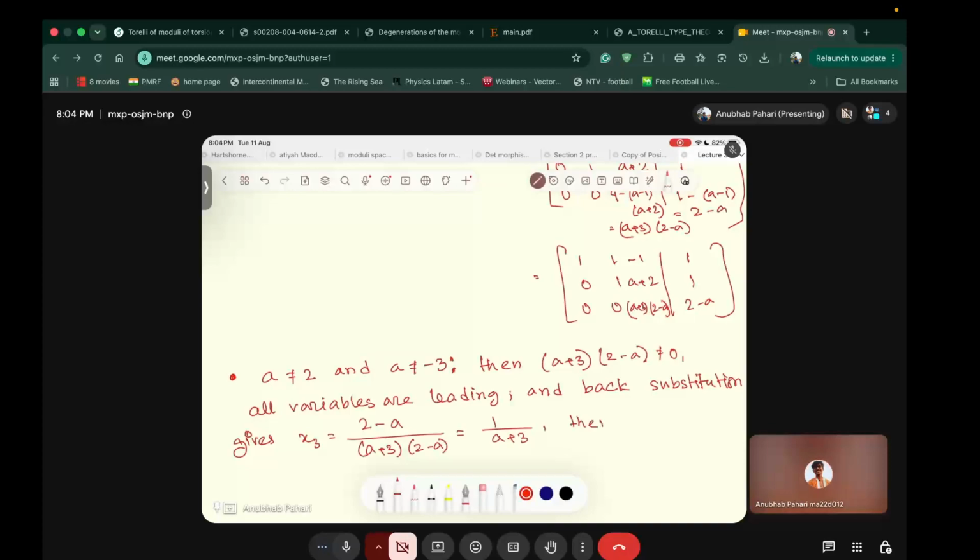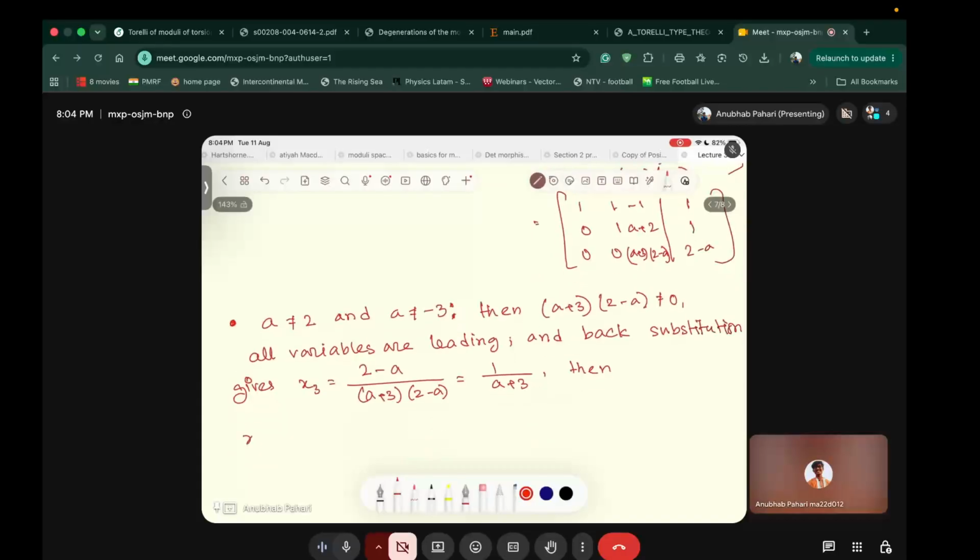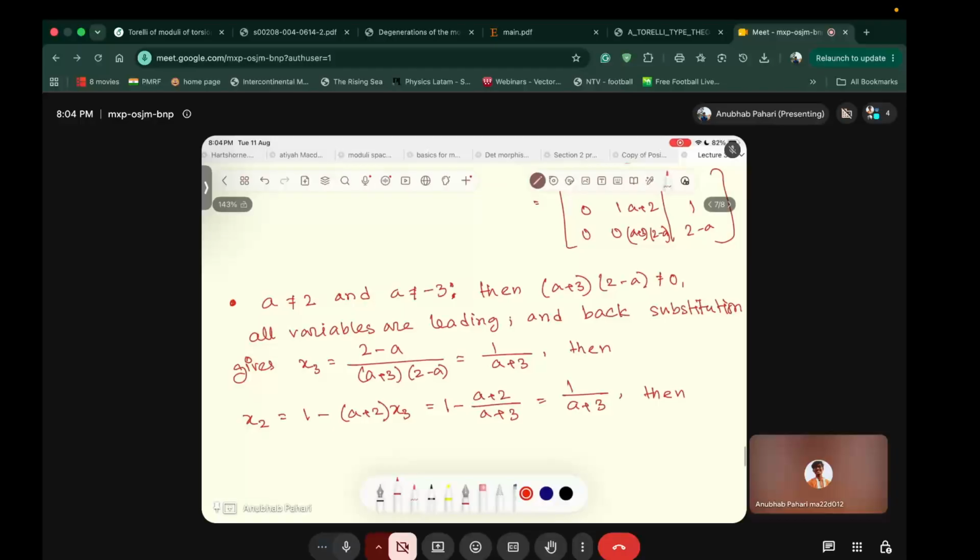Then x2 equals 1 minus a plus 2 times x3, minus a plus 2 by a plus 3, which is 1 by a plus 3. Then you put these values into x1 equals 1 minus x2 plus x3.